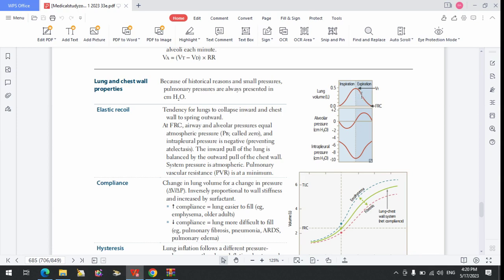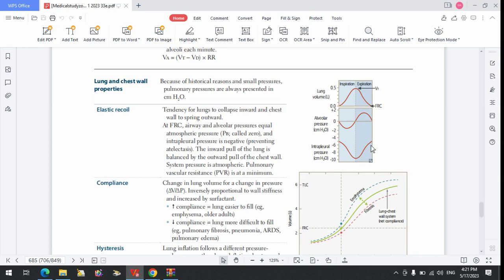Now, the brain will pick that inspiration is done. Let us start expiring. To initiate the process of expiration, the diaphragm that is already contracting, that is generating this negative intrapleural pressure, will stop contracting. It will now relax. It will come up. It will now increase the intrapleural pressure, from this -9 towards the baseline of -5.